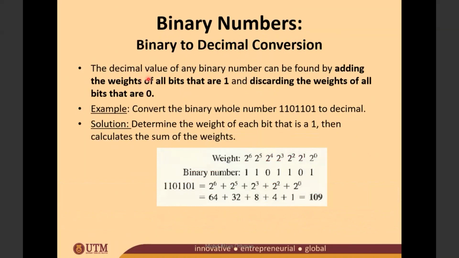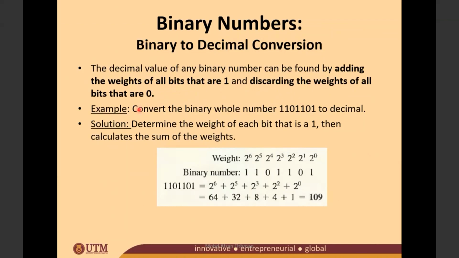So the decimal value of any binary number can be found by adding the weight of all bits that are ones and discarding the weight of all bits that are zero. Maksudnya kat sini, kamu darab dia punya weightage and tambahkan semuanya sekali.